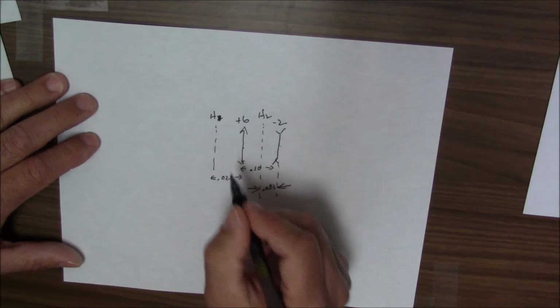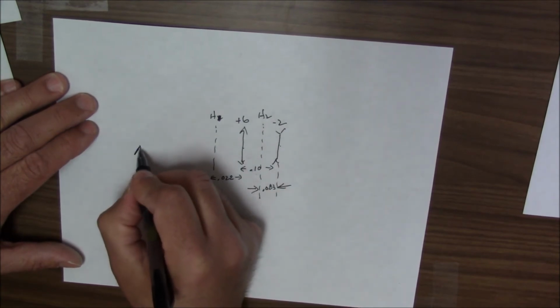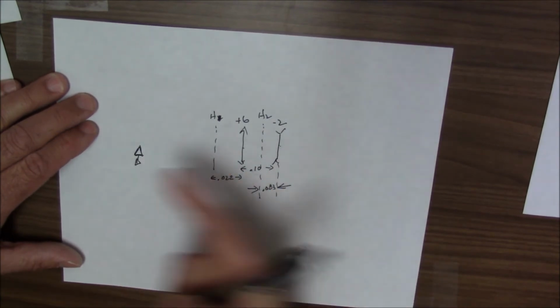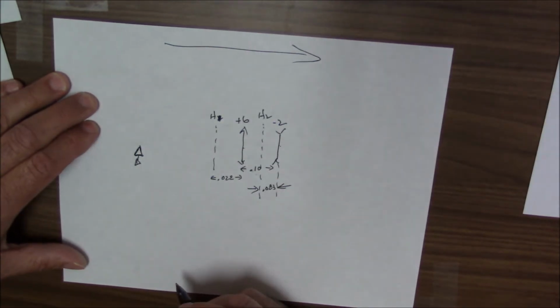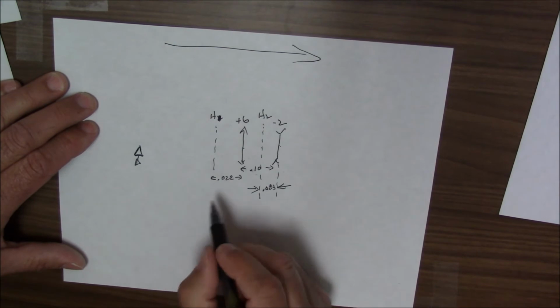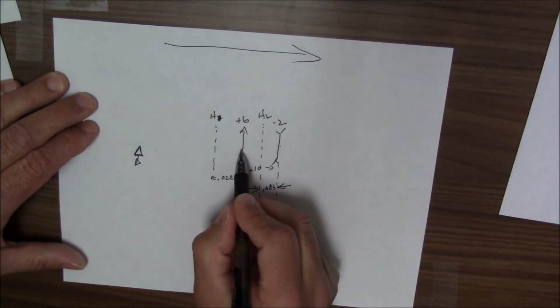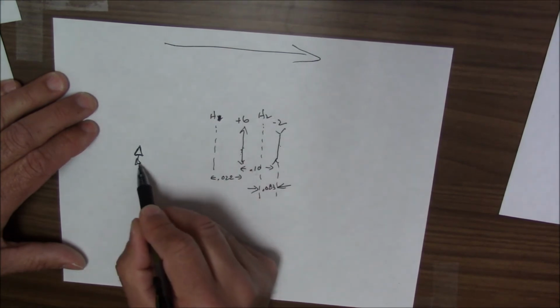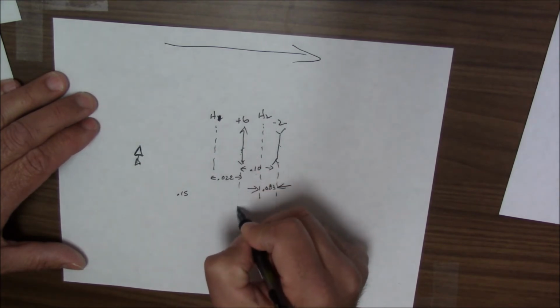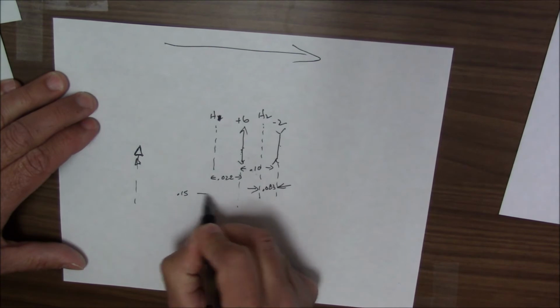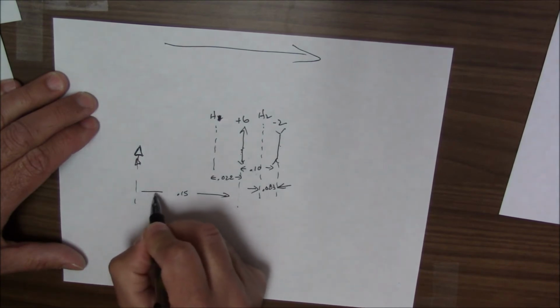Now we're actually going to place a real object. The real object is going to be to the left of the lens. Once again, we're assuming that light is traveling in this direction, and they're telling you that the distance between the actual front of the real lens and the object itself is 15 centimeters. So that is from here to here, and that's going to be 15 centimeters.